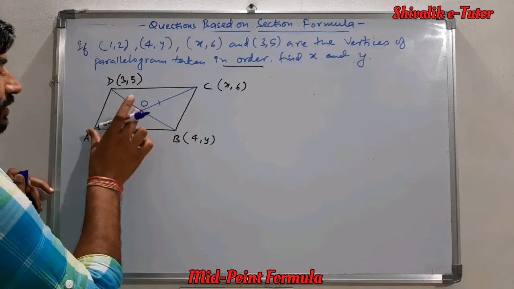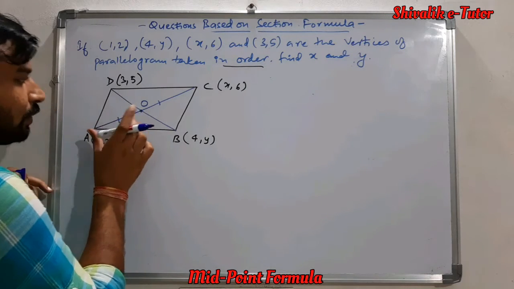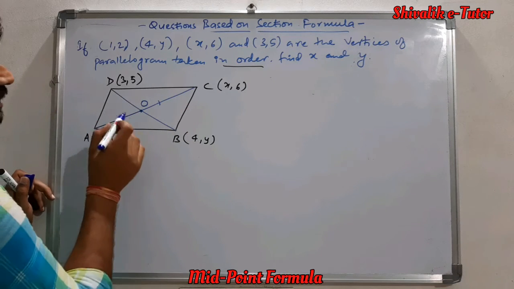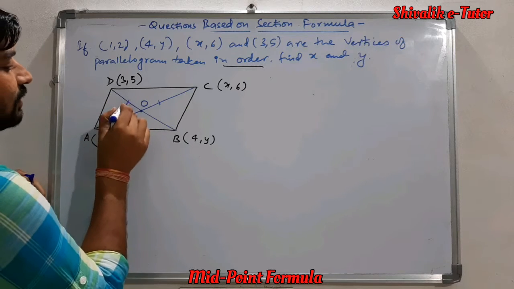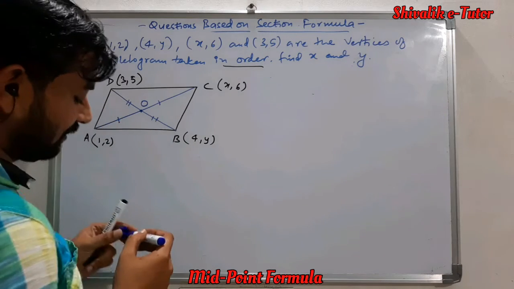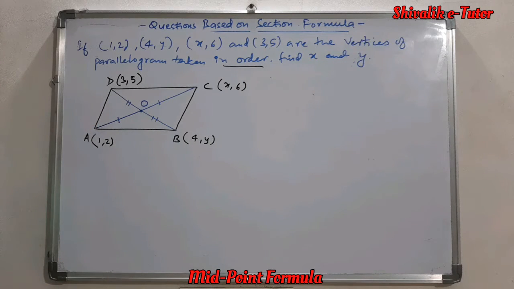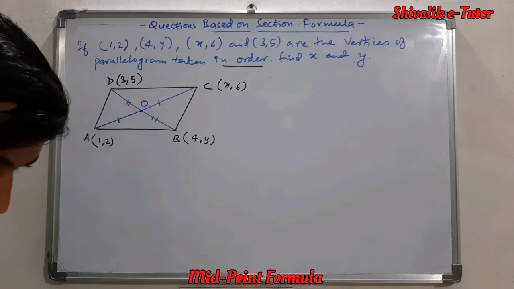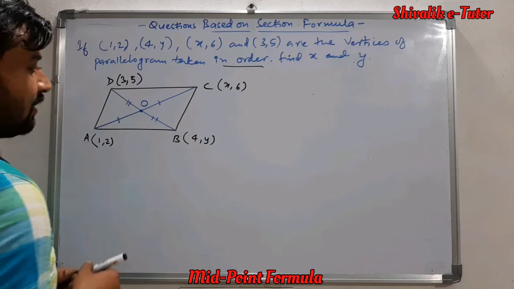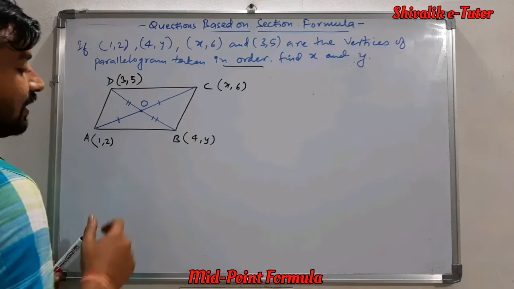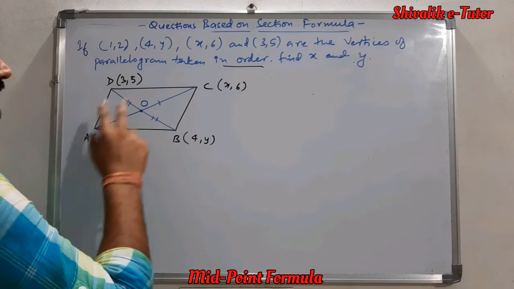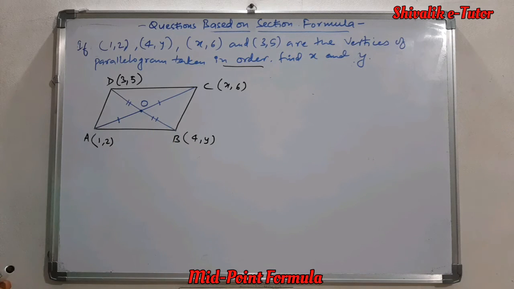Means the lengths AO and OC will be equal. Similarly, the lengths OD and OB will be equal. They are bisected by each other. Means here we do not know what the angle is, but we can say this point O is the midpoint of AC as well as the midpoint of BD.